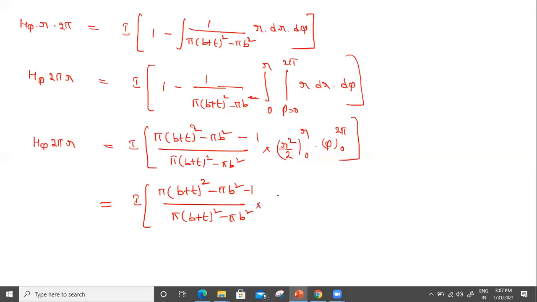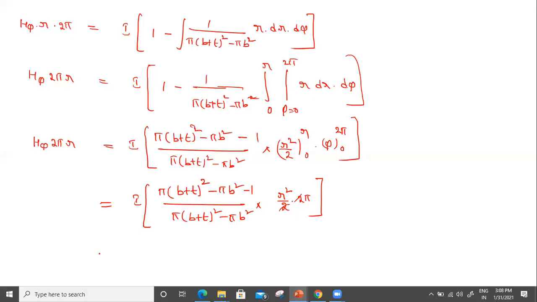So here we'll get r square by 2, and we'll get 2 pi, because 2 pi minus 0 gives 2 pi. So this 2 will cancel, and finally we'll make it pi. If you take pi common here, this pi and this pi will be cancelled.